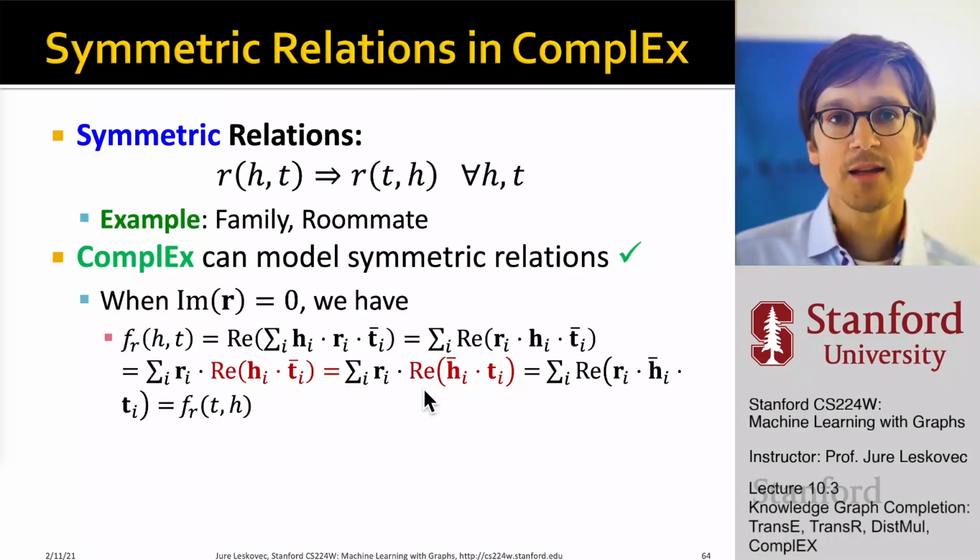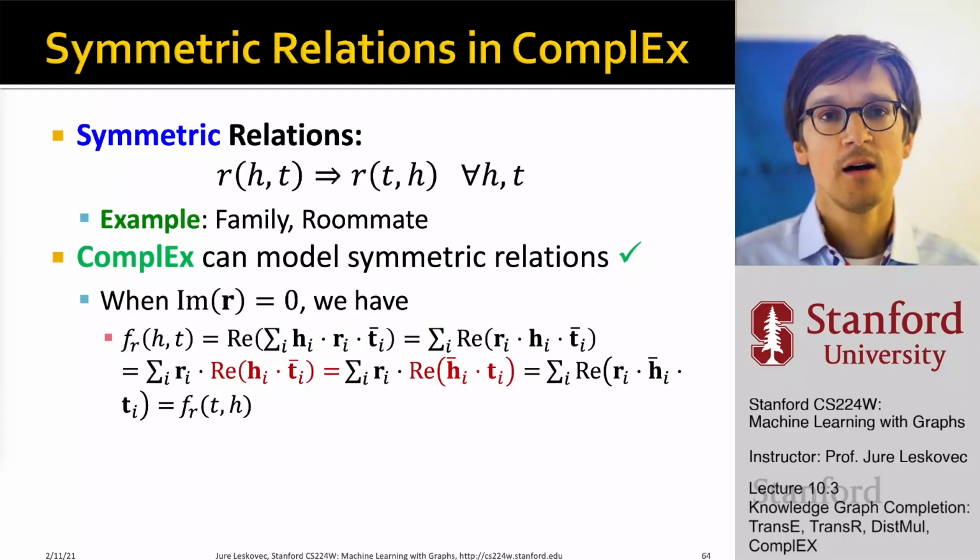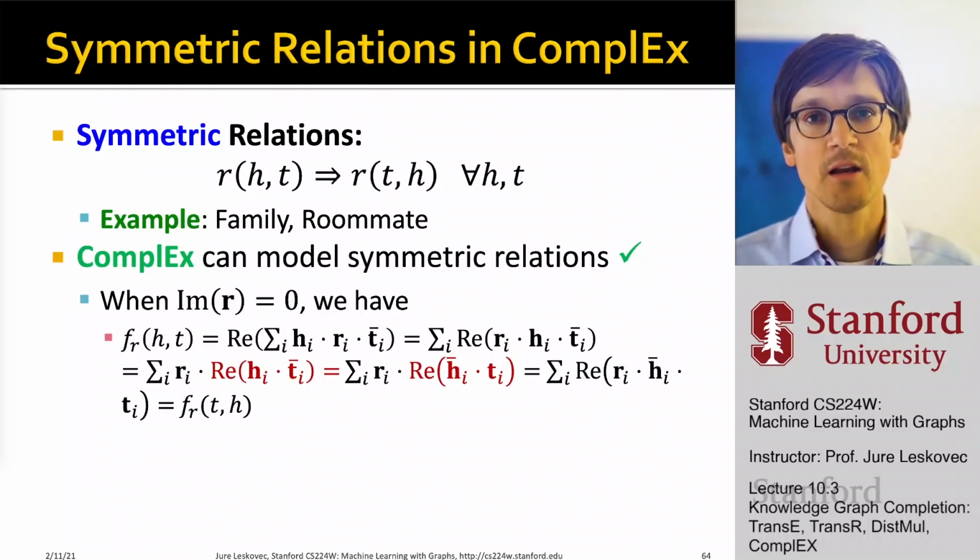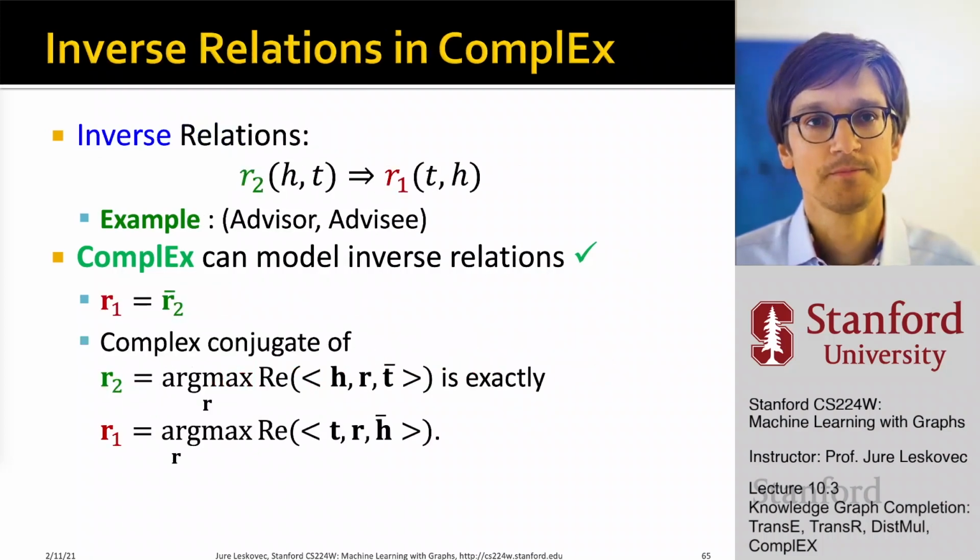Can we model symmetric relations? Again, yes, because we can simply set the imaginary part of the relation to be 0, and then because everything works in the real part, we are able to model symmetric relations as well.